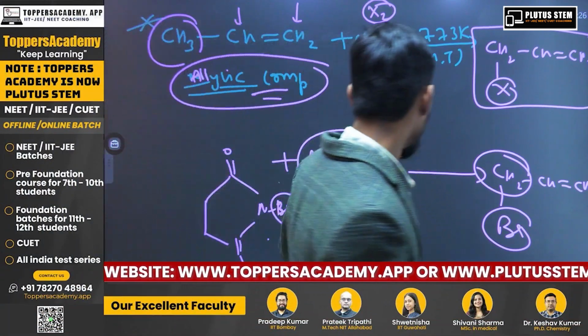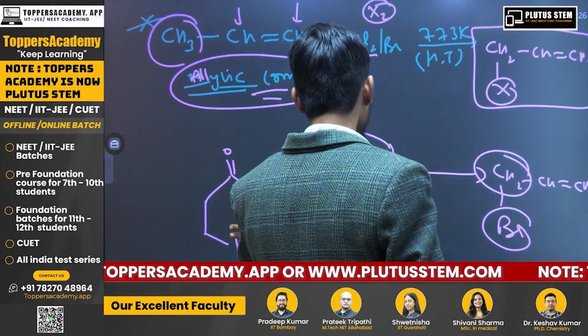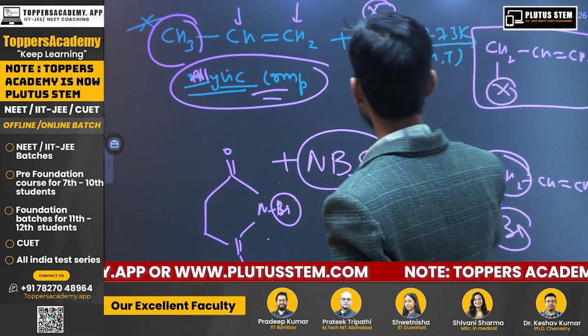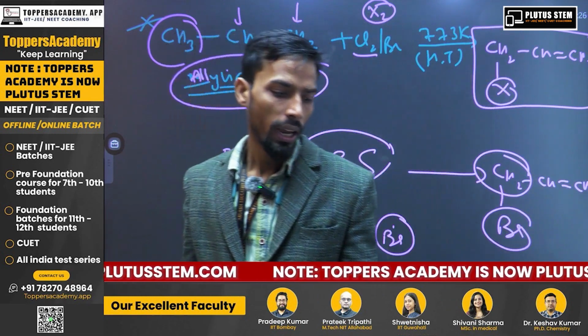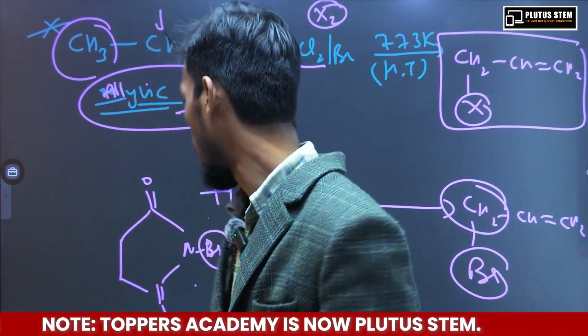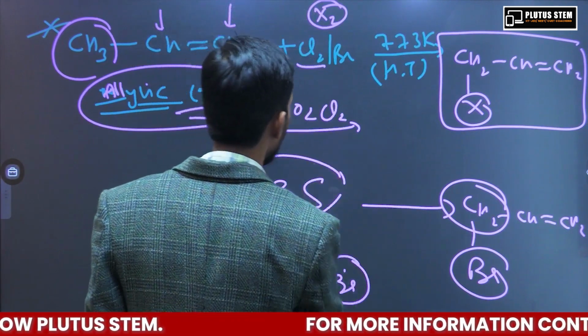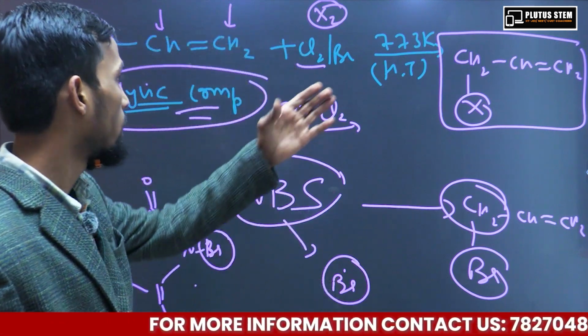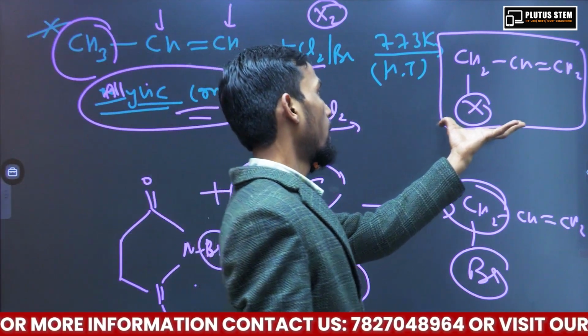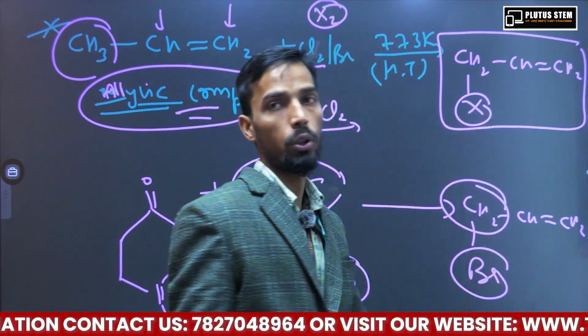So this was for allylic compounds, like NBS and Cl2, Br2, and one more is SO2Cl2. If you are having SO2Cl2, then also you will get attack at the allylic position.